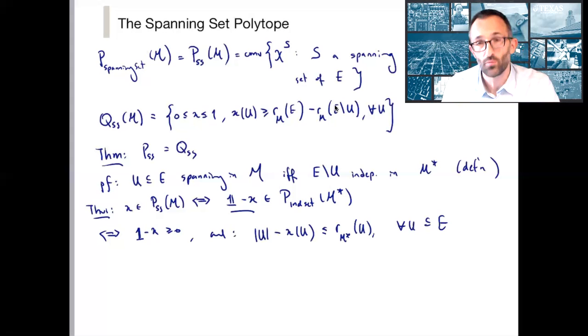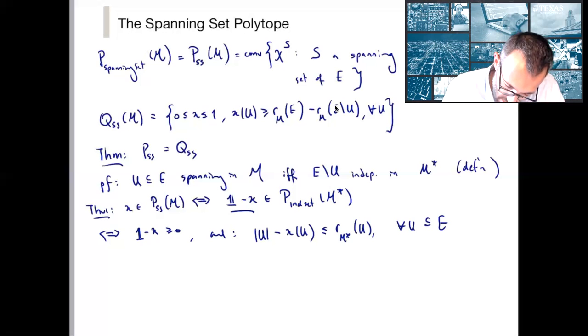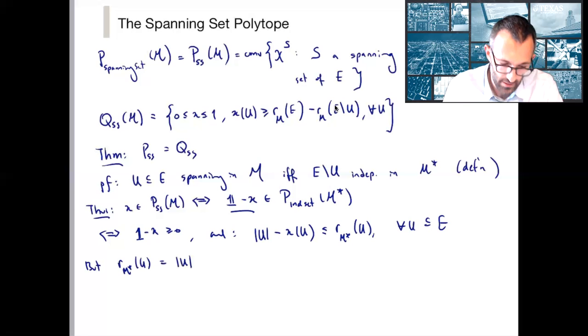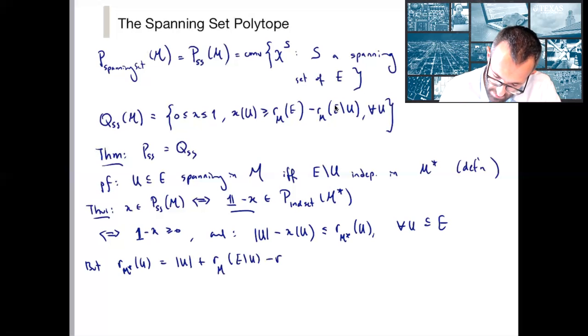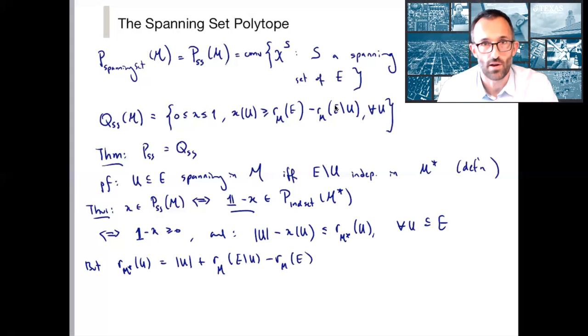And now I'm going to plug in what r of M star is. In other words, we know that r of M star of U is equal to the cardinality of U plus r_M of E minus U minus r_M of E. We basically derived this in our theorem on the duality of matroids.